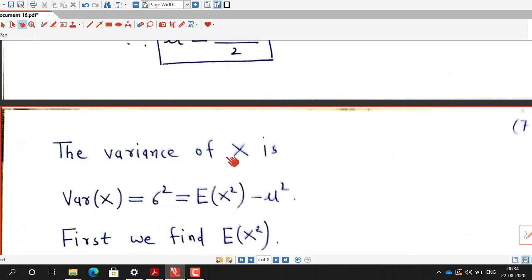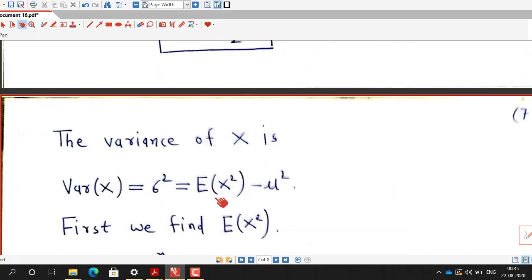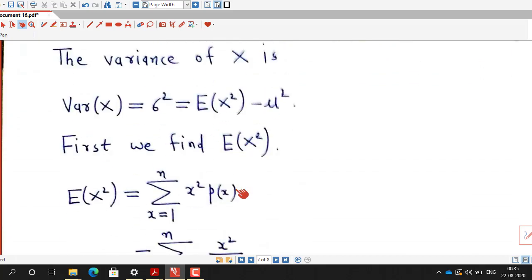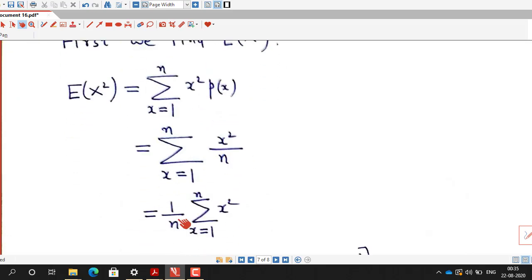Now the formula for variance is the expected value of x square minus the square of the mean. We have calculated the mean, and now we calculate the expected value of x square. Again, the expected value of x square is summation x square into p of x. So we put p of x equal to 1 by n, and that we can take outside because it is independent of x.